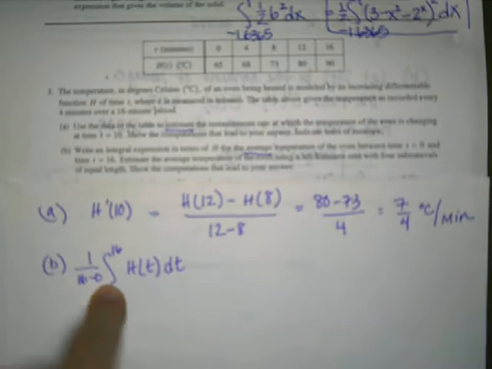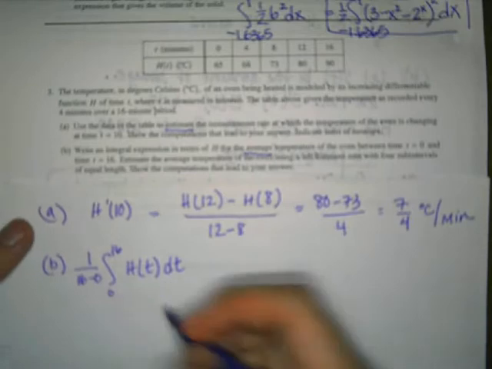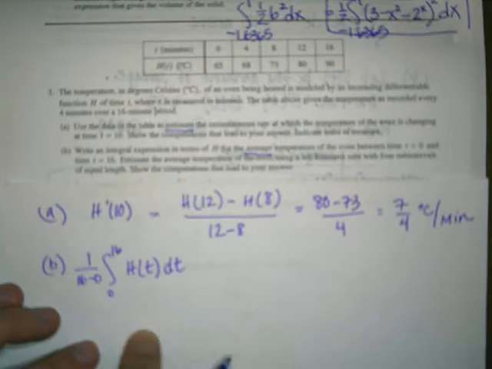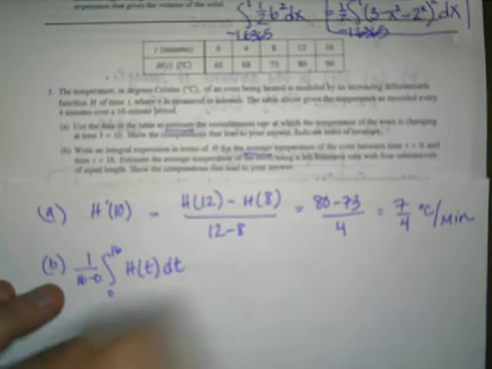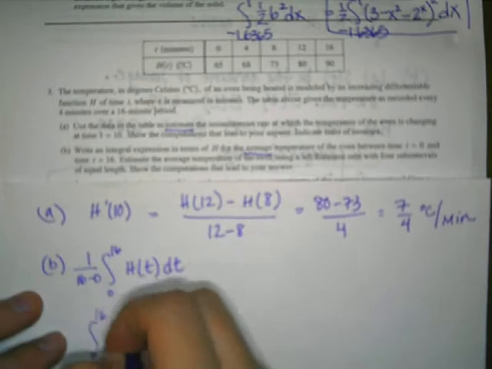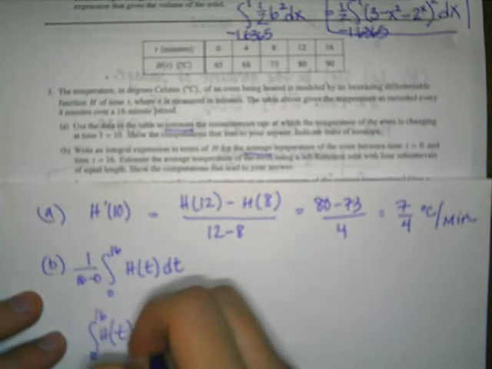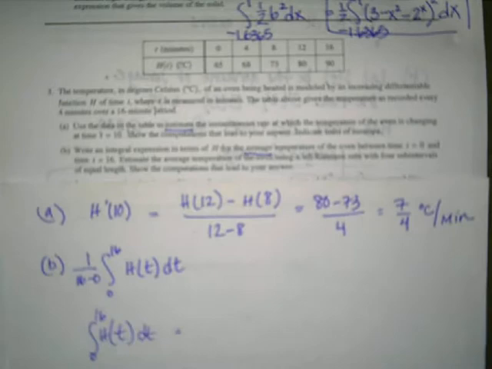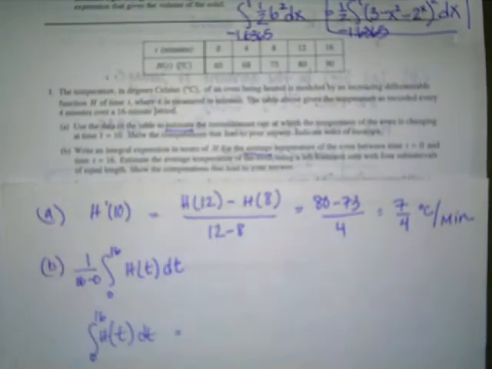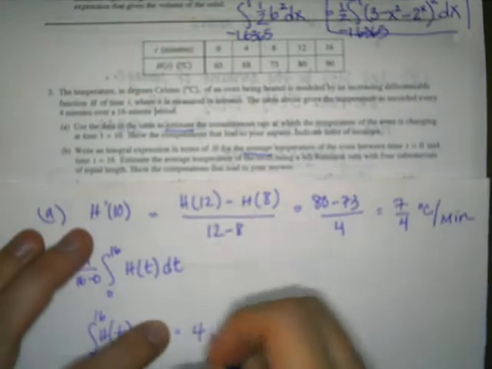So here we go. I think let's just do from 0 to 16. So from 0 to 16 of h of t dt, the Riemann sum is basically finding the areas of rectangles. It wants us to have equal width, which it already has, equal widths of 4. So my change in x here is going to be 4.